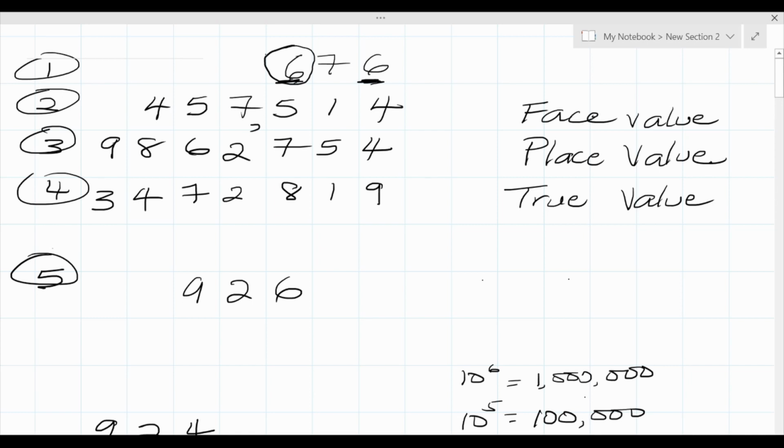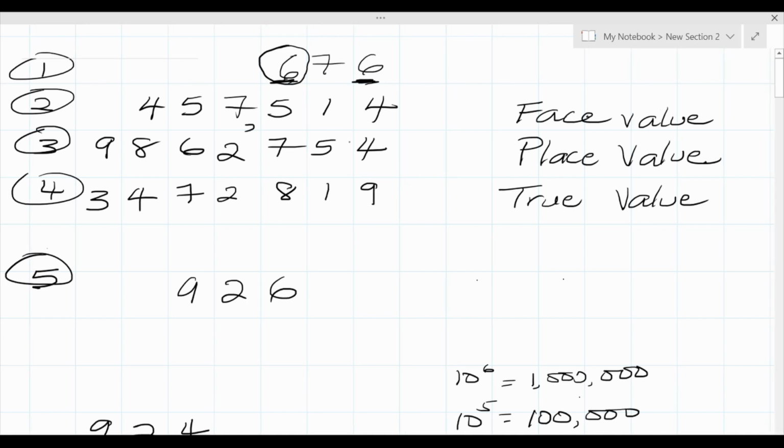So is it 10 times? Is it 100 times? Is it 1,000 times? Is it 1 time? So what we'd have to do, look at this 6 here, and then we say, all right, if this is 6 times 1 to get 6, but this is what, 6 times 100.